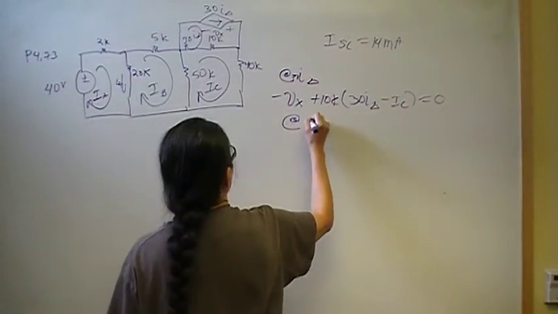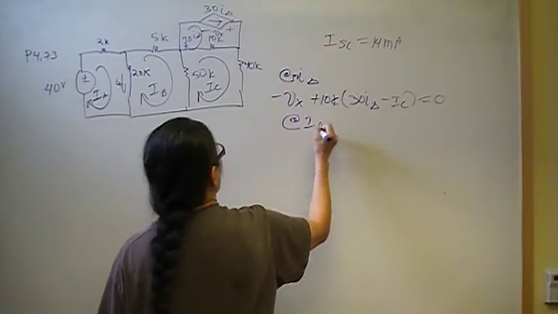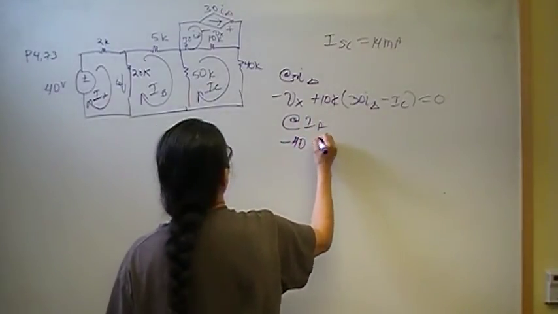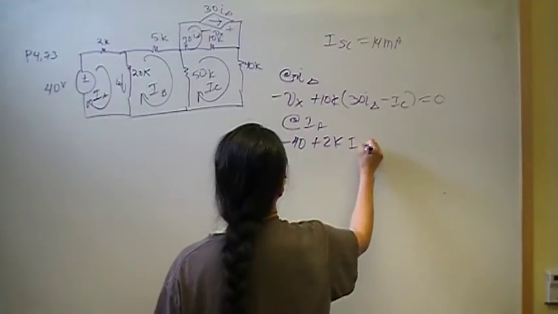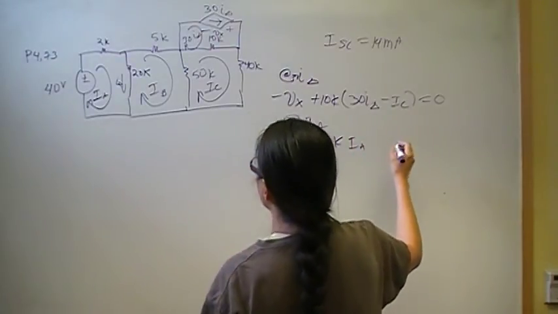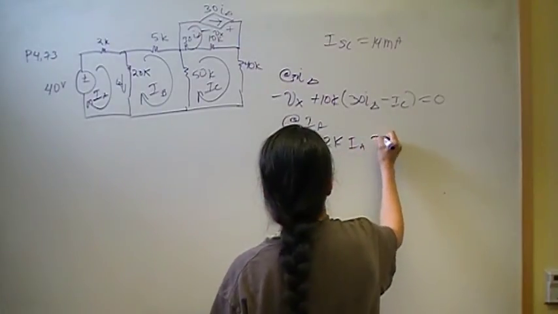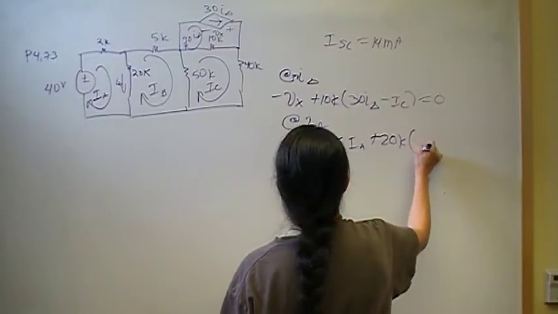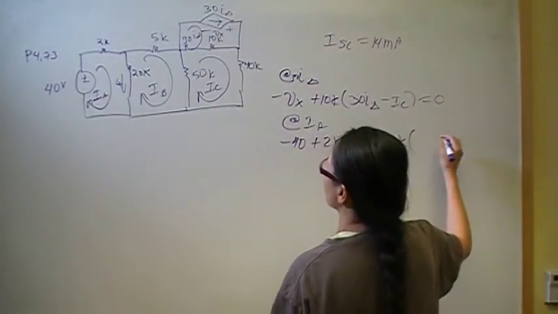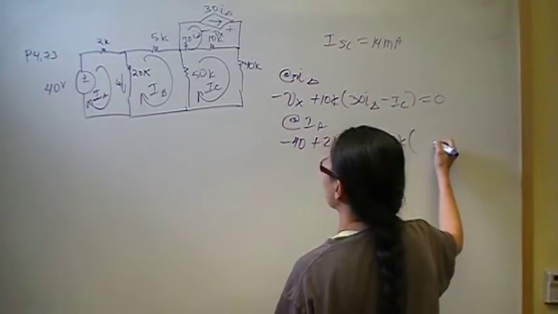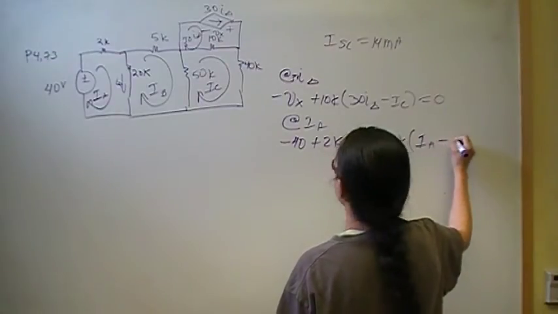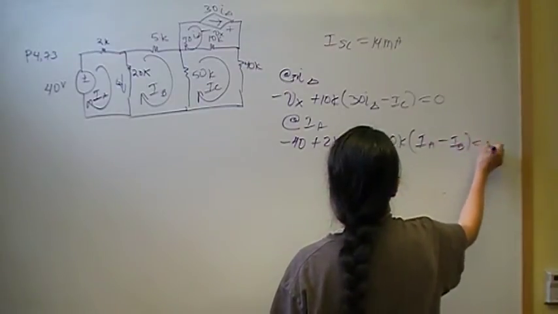So at IA, we still have negative 40, we still have plus 2K IA, and we still have plus 20K times IA minus IB, which is equal to 0.